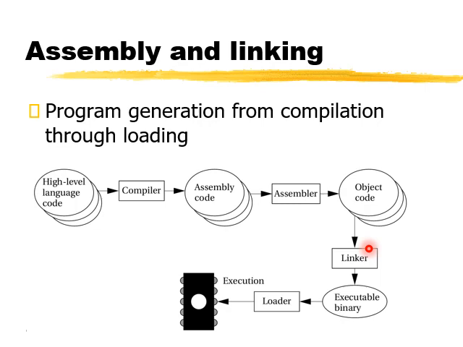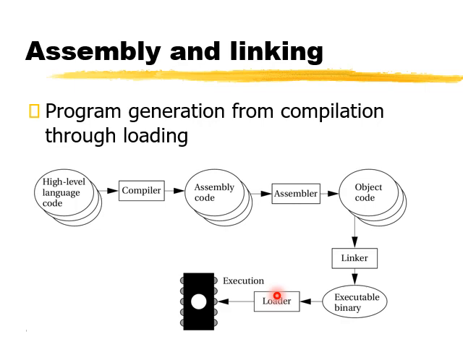The purpose of the loader is to bring the program into memory for execution. We know that the executable binary file could be somewhere other than the memory, so the loader brings that file into memory so that we can execute it.